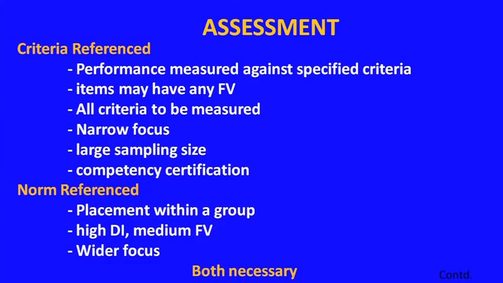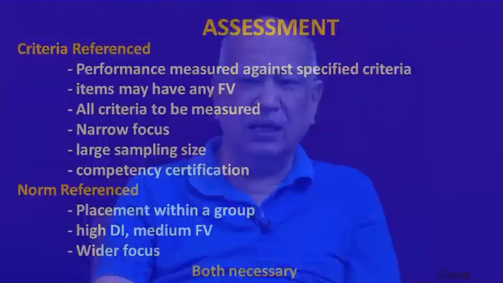Items may have any FV. FV is a terminology we will define a little later, called facilitation value. Facilitation means making things easy. How easy or how difficult it is, is measured by facilitation value.